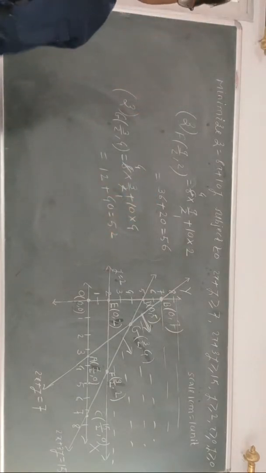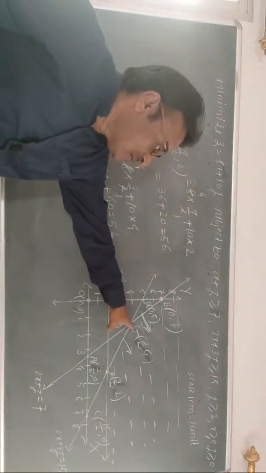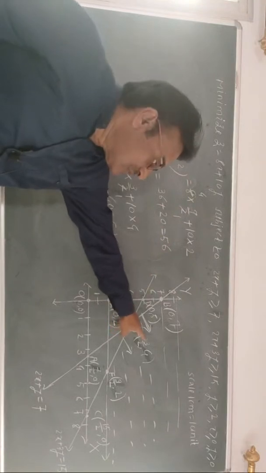That is 52 is the value of the objective function Z at the corner point of the shaded region G (3 by 2, 4).